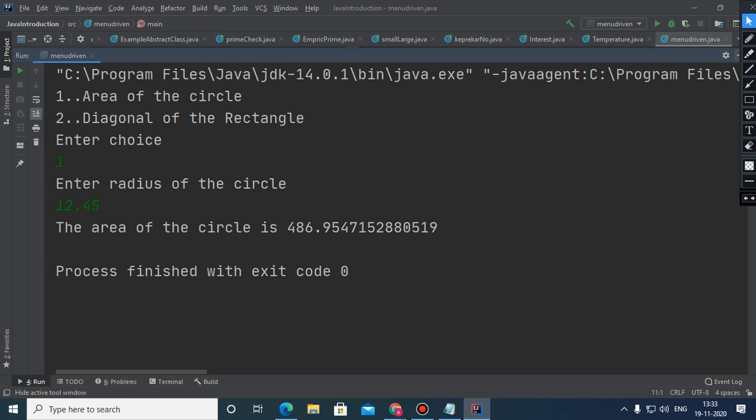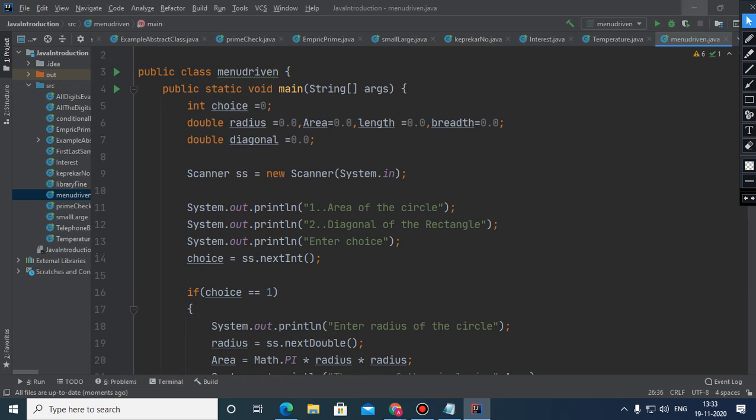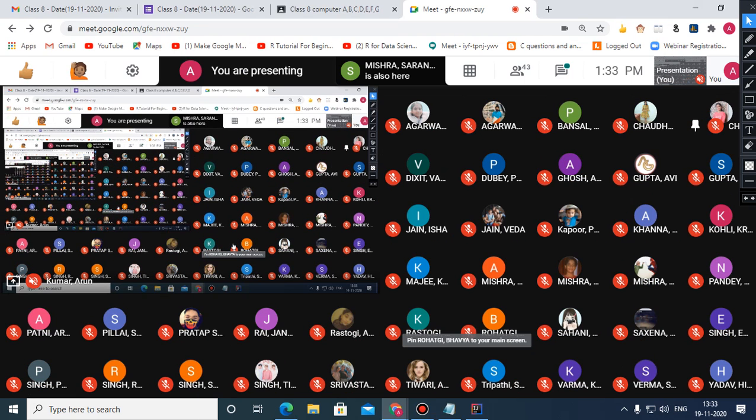So children, in case you have any query, if you want to ask anything, please ask. Yes. So it simply means that there is some problem with the braces, because if you want to keep only one statement within if, you need not specify the braces.